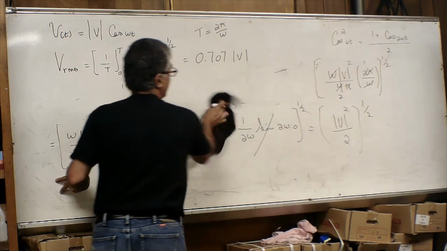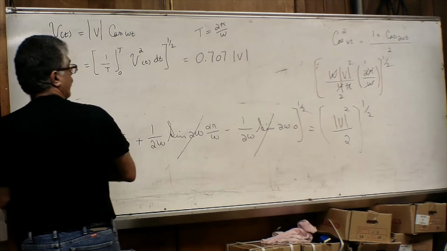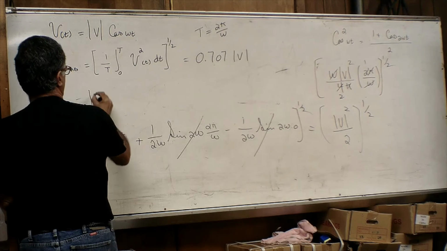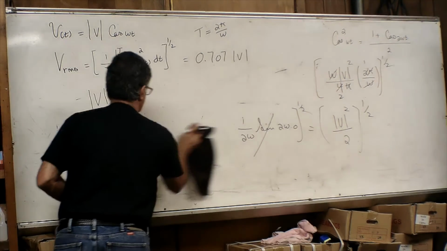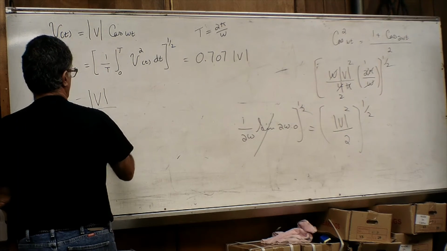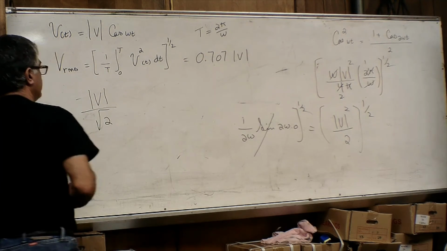So that would be v divided by the square root of 2.